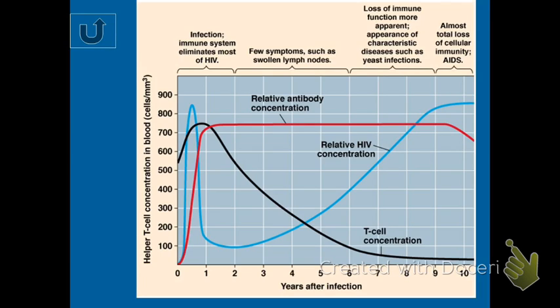So what ends up happening as it progresses is that your T cell concentration is depleted, so it's like a conundrum. You can't fight it off because it's actually killing the cells that would fight it off.